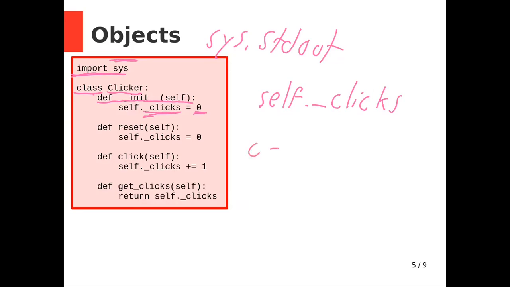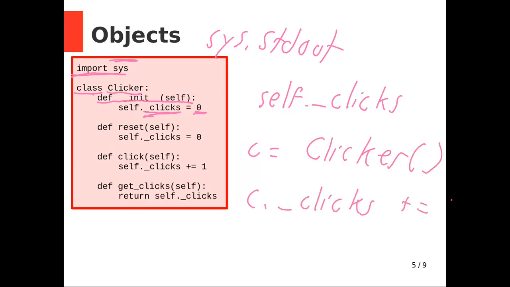So if you did something like this, you could then do whatever you wanted to clicks. It's not really private. Single underscore is sort of private by convention. If you are a developer and you see a single underscore class, or a single underscore variable name, what that means is the person who wrote this code was telling you, don't mess with this.